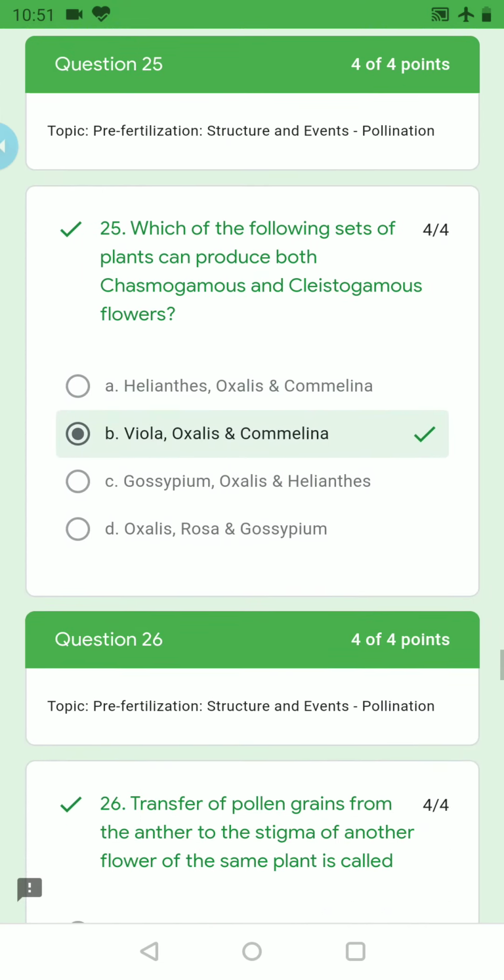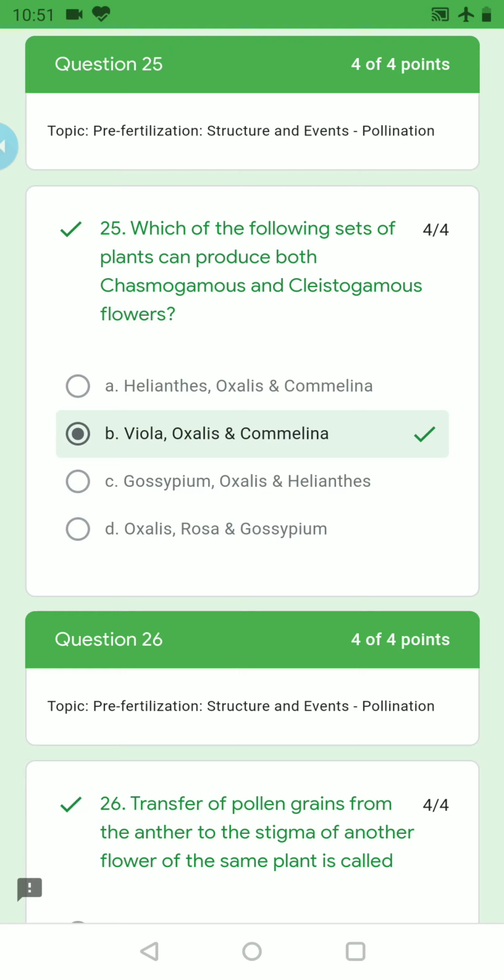Next question. Which of the following sets of plants can produce both Chasmogamous and Cleistogamous flowers? Just now I told you, when it comes to examples, viola, oxalis and commelina, these are all species that can produce both Chasmogamous and Cleistogamous flowers. Let me once again recall the definition of Chasmogamous.